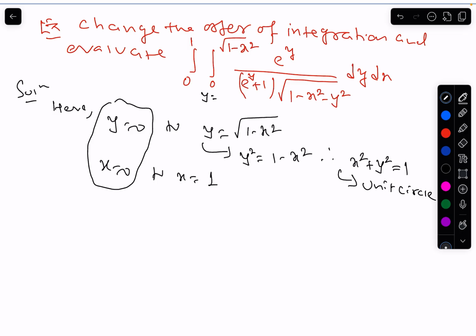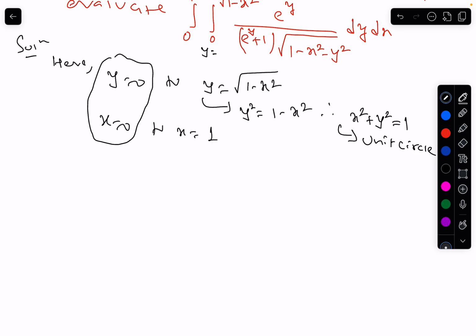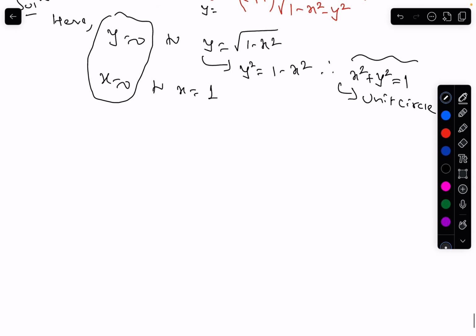See, when both the limits begin with 0, then you should understand that the region of integration will be in the first quadrant only, and we have unit circle.